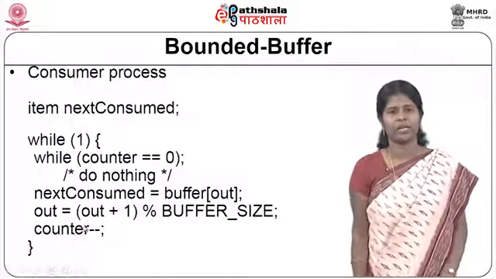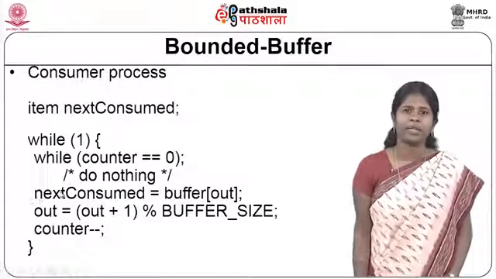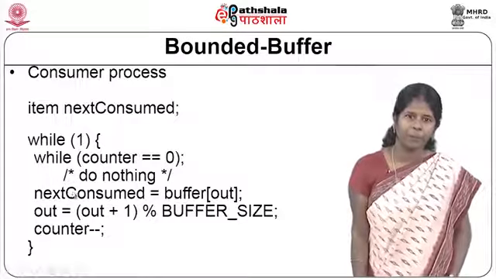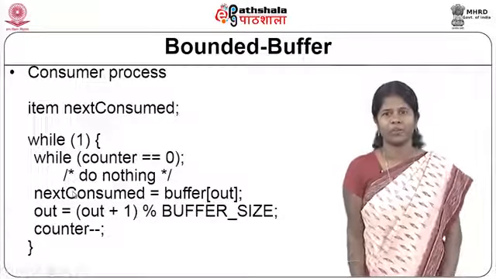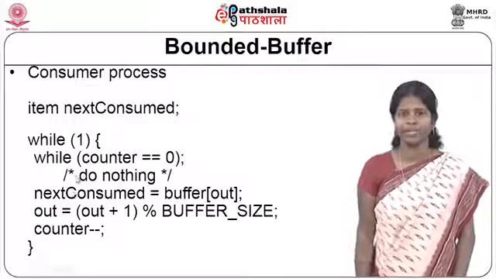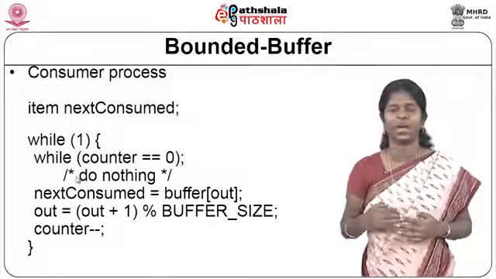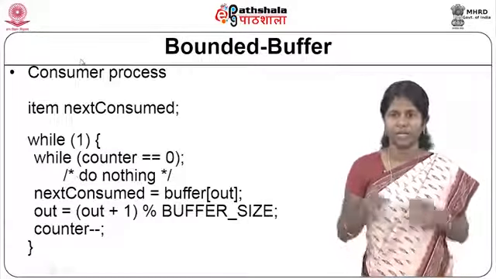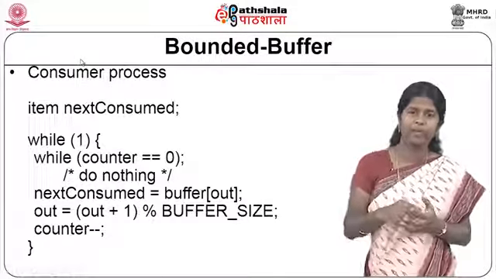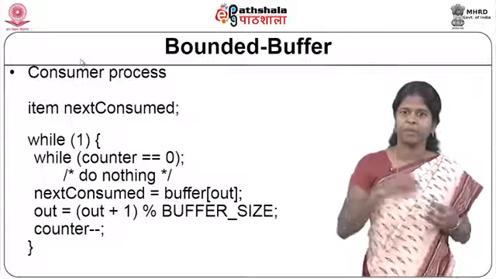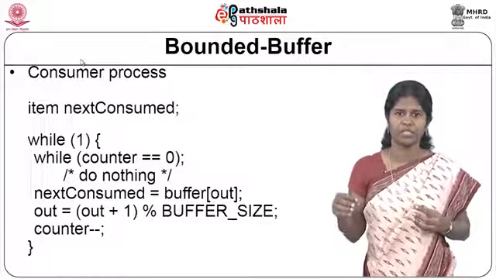Now, here you can see that this counter variable is being accessed by both the producer as well as the consumer. The producer increments the value of counter and the consumer decrements the value of the counter variable. And so, now this counter variable is a shared variable between the producer process and the consumer process.